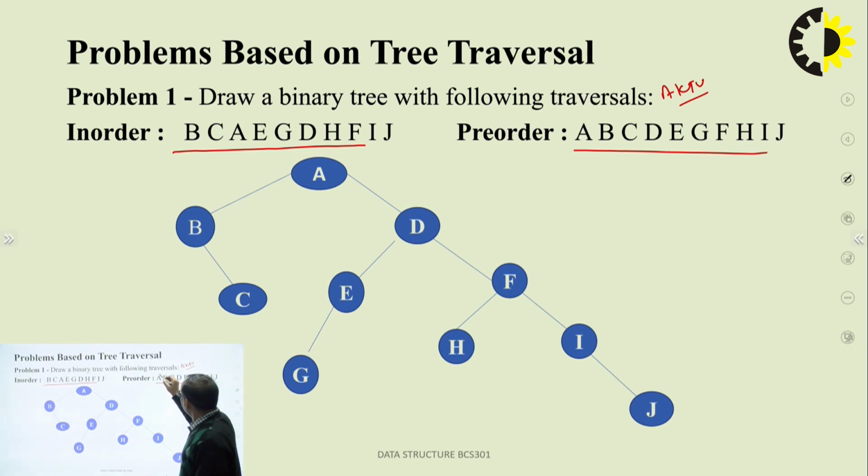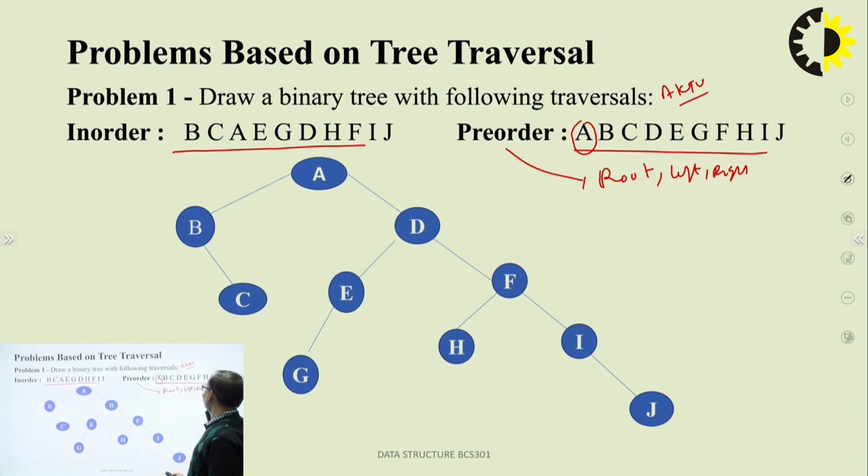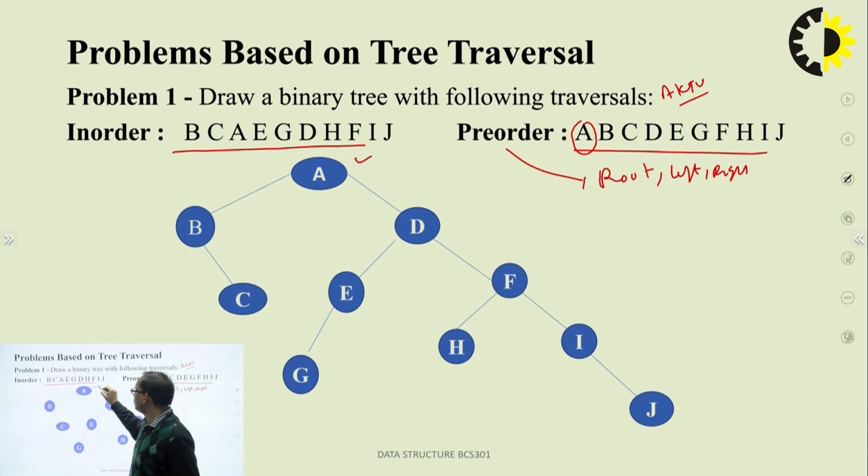So here the first node is A. What is the rule of pre-order? Root, left and right. So it means A will be the root of the tree which we have to construct. So first we will make the root of the tree.